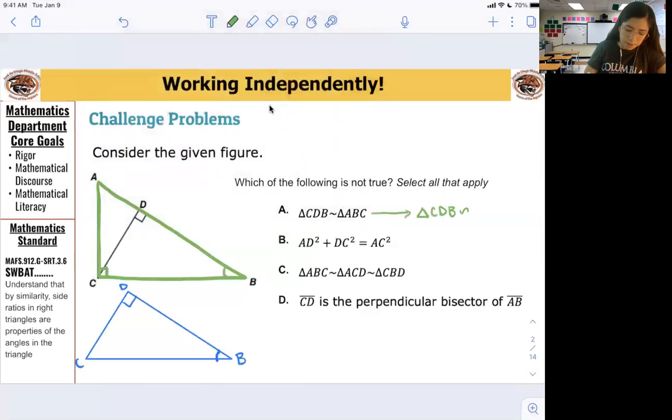CDB would be similar to, nope. Wait, CDB, yeah, no. ACB, that is correct. ACB.